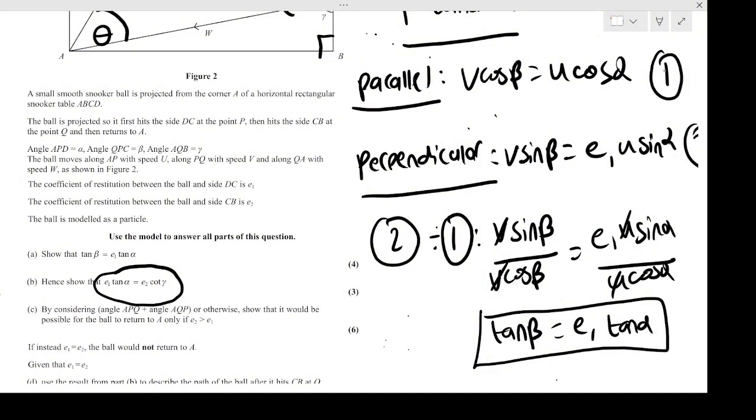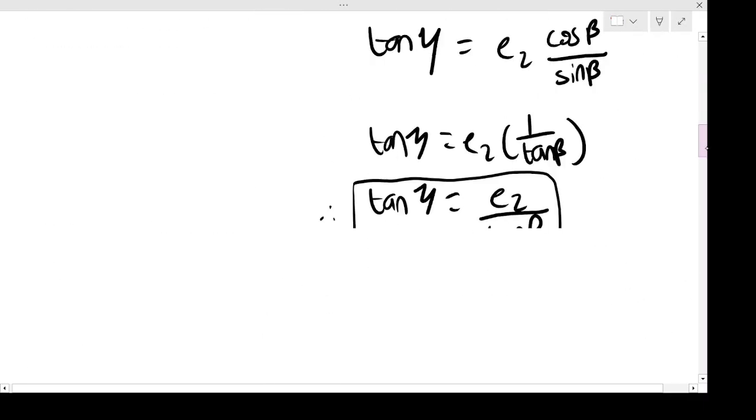So if I've got gamma and alpha as an inequality, then I can somehow get E1 and E2 as an inequality. So I'm going to need to use this equation. That's what's staring at me to do, because it involves alpha, gamma, E1 and E2. So let me just write down that equation: E1 tan alpha is E2 cot gamma.